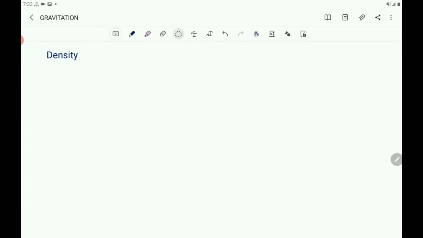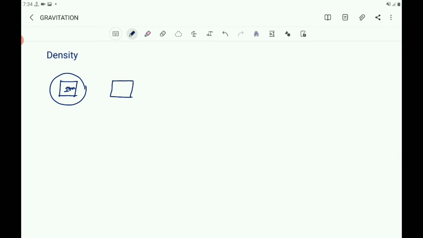Consider here a piece of iron and a piece of cotton. Now, which has more density? Naturally, you can say that iron has more density.